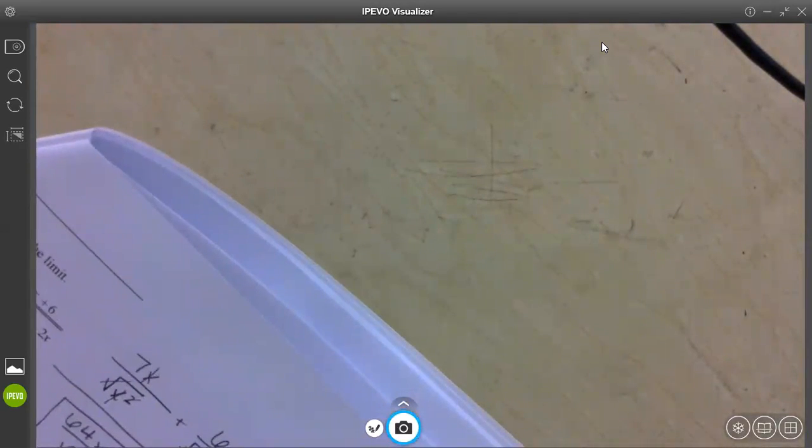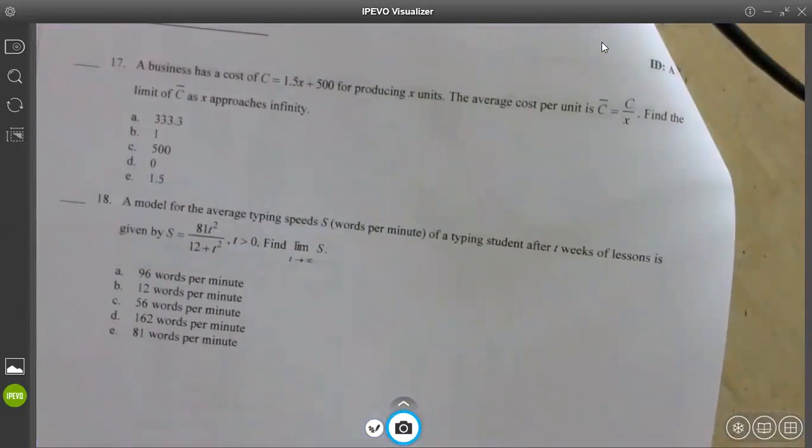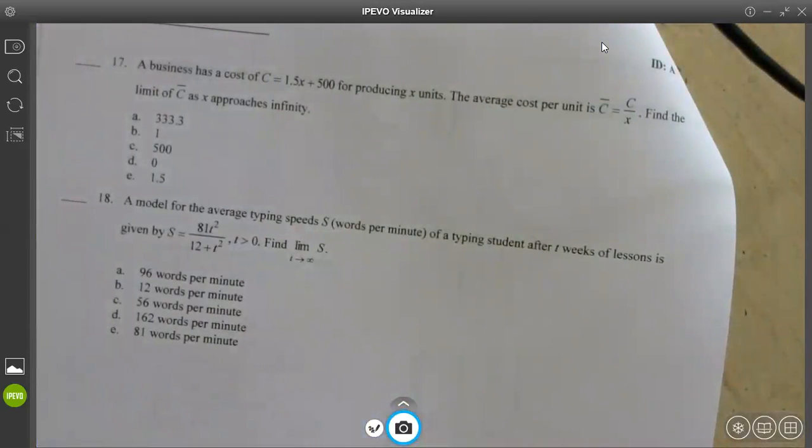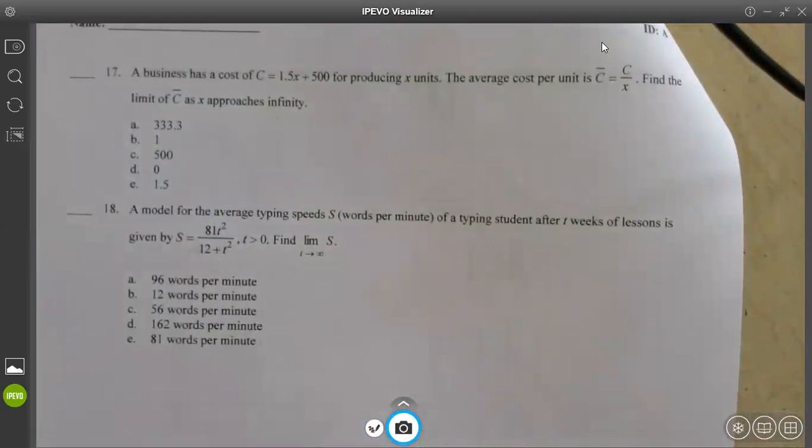All right, we did 15, 16. We're at 17. A business has a cost of C equals 1.5x plus 500 for producing X units. The average cost per minute is C over X. Find the limit of C as X approaches infinity.